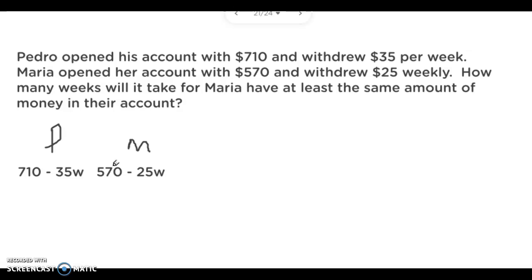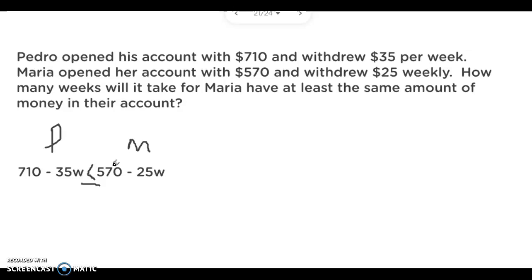But that's not what this inequality asks for. It says at least. I'm not going over the at least, greater than and less than symbols, because at this level we should know that at least means or equal to. So I want to know, when will Maria have at least the same amount of money as Pedro?